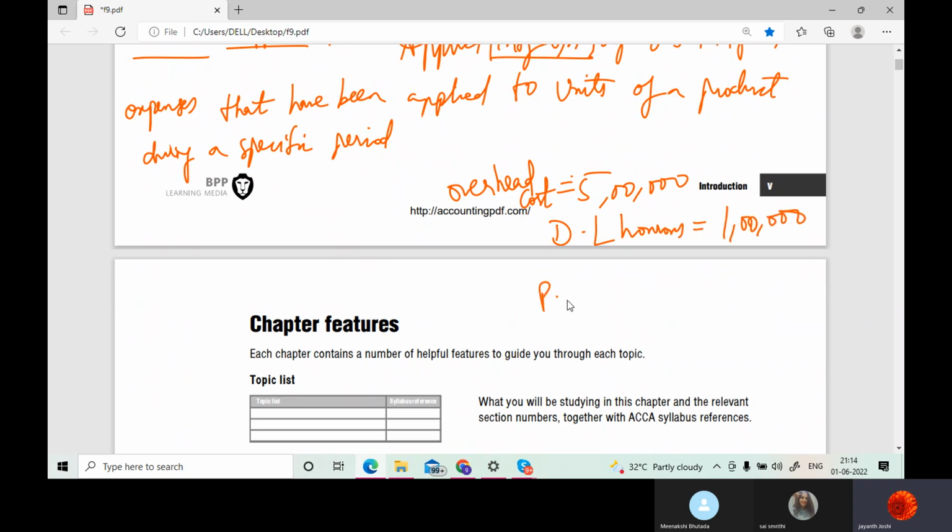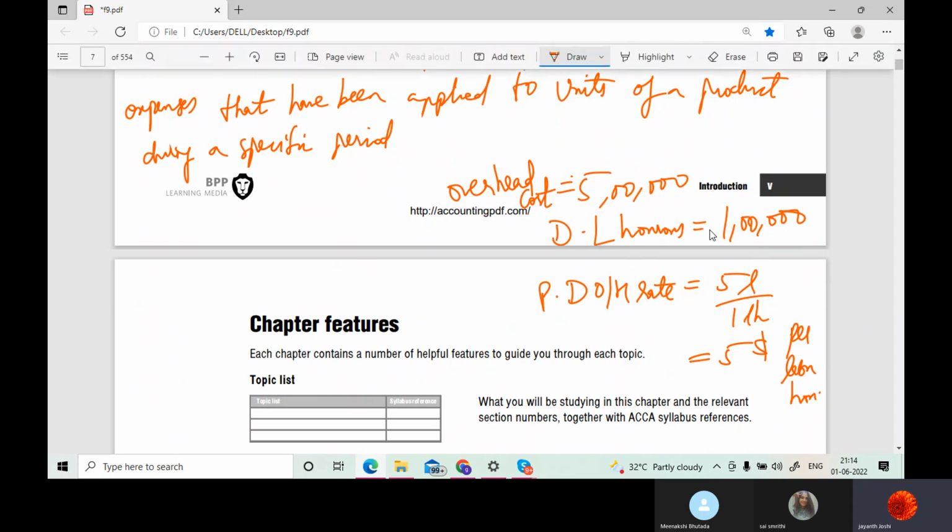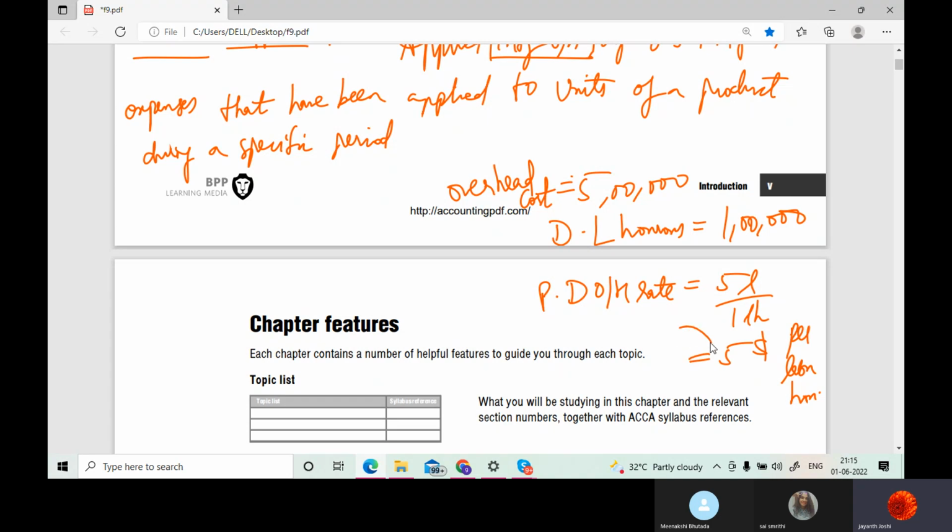So the predetermined overhead rate is 5 lakhs divided by 1 lakh hours, so it is $5 per labor hour. In this way the total amount of manufacturing overheads has been converted to a per unit wise rate. So please make a note of this.